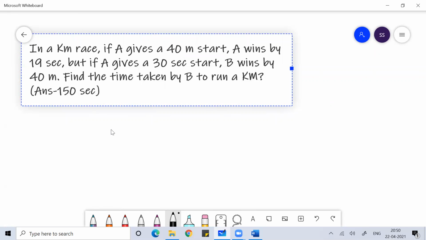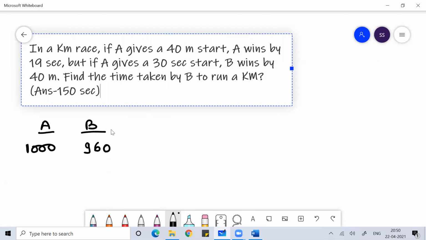First make sure that you watch those videos to understand this kind of question. In question number 10, it is given that in a kilometer race between A and B, if A gives B a 40 meter start, A will run 1,000 meters and B will run 960 meters. A will win the race by 19 seconds.